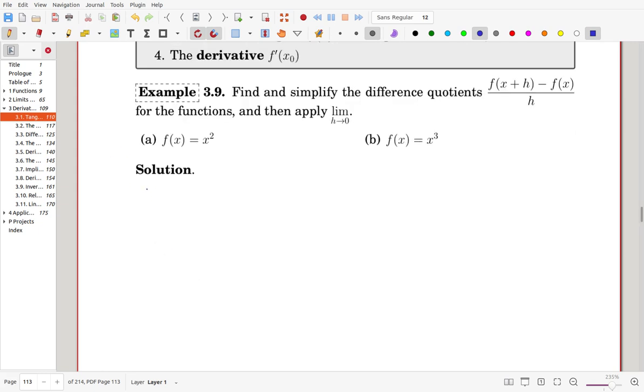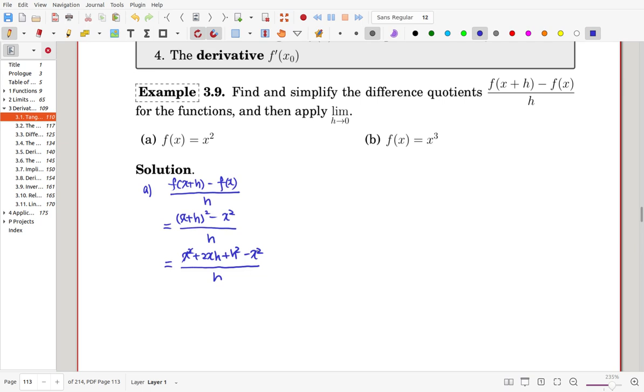For part A, f(x plus h) minus f(x), divided by h. Here f(x) is x squared, so that is (x plus h) squared minus x squared, divided by h. This is the same as x squared plus 2xh plus h squared minus x squared, divided by h.